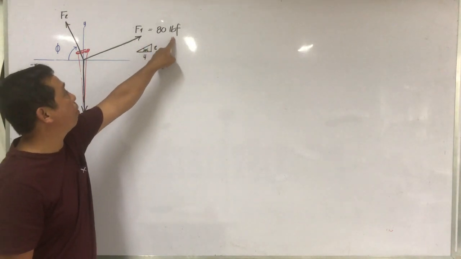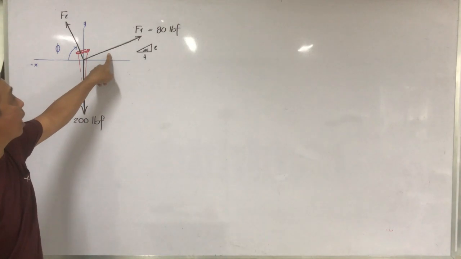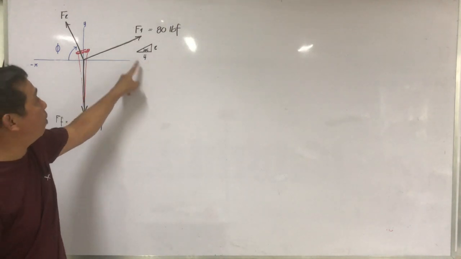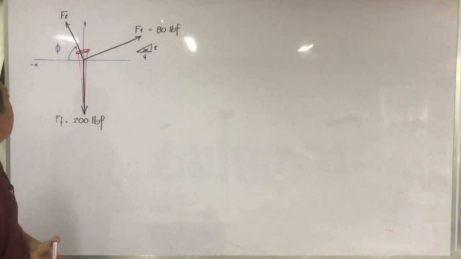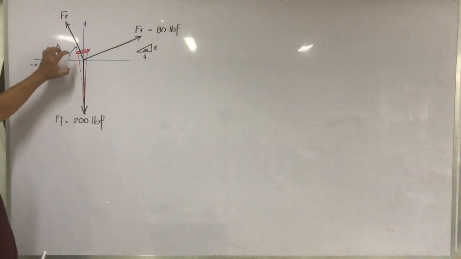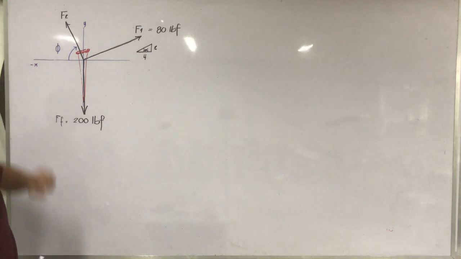F1 is 80-pound force projected at angle alpha given sa triangle na 2x4 at ang F2 na may angle na phi at nawawala ng value.